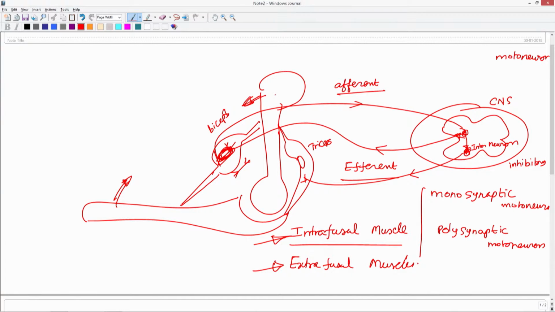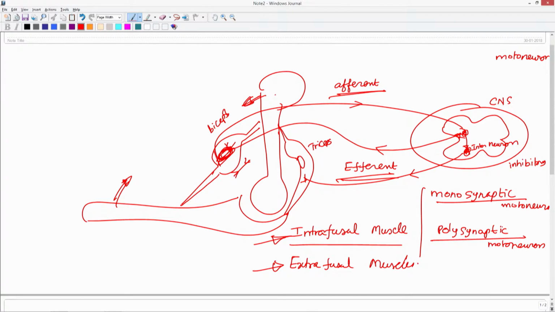So, again to recap, we have seen many terminologies. These terminologies are very important to understand the rest of the things. Afferent is going from receptors to the CNS, efferent is from the CNS to the effectors. Okay. And then monosynaptic and polysynaptic. Monosynaptic is a single motor neuron, which is reflexive actions.